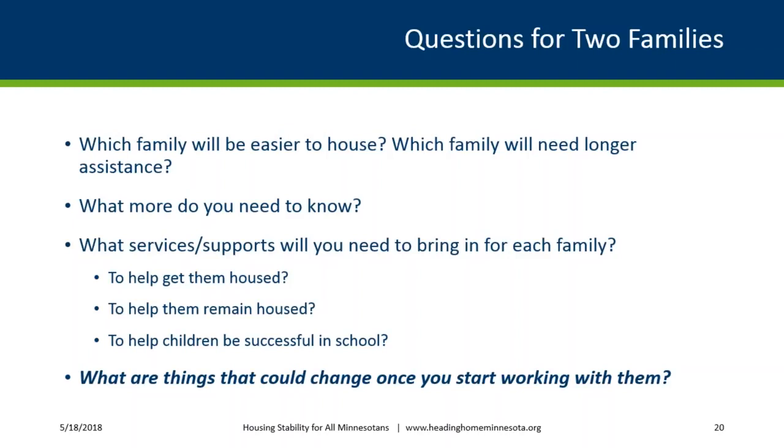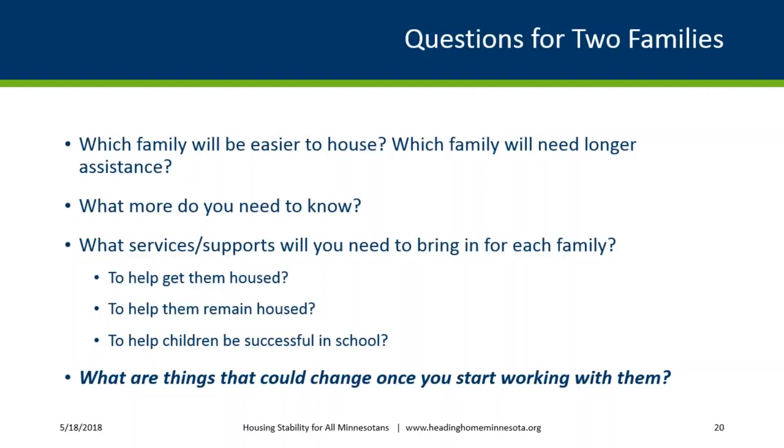So if folks on the phone or in the room have some thoughts about that, I'm sorry I can't show both slides at the same time, but does it seem like one of those families would be a lot easier to work with than the other, or do you really feel like we're going to need to provide a whole list of services right away?